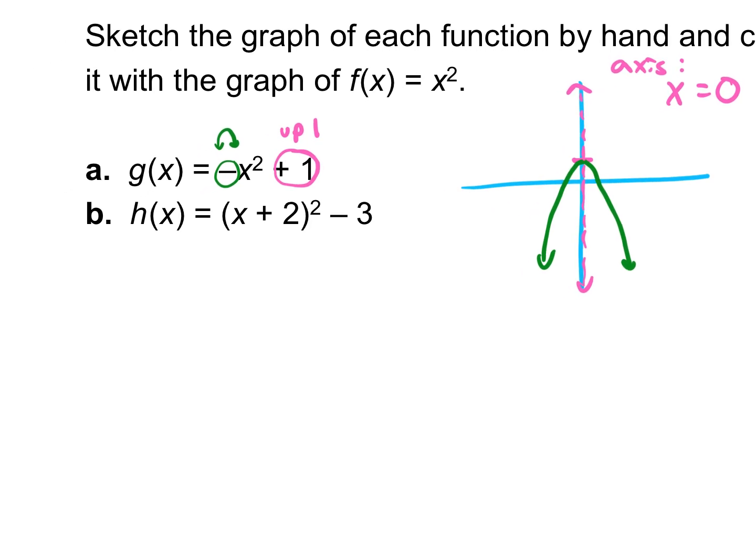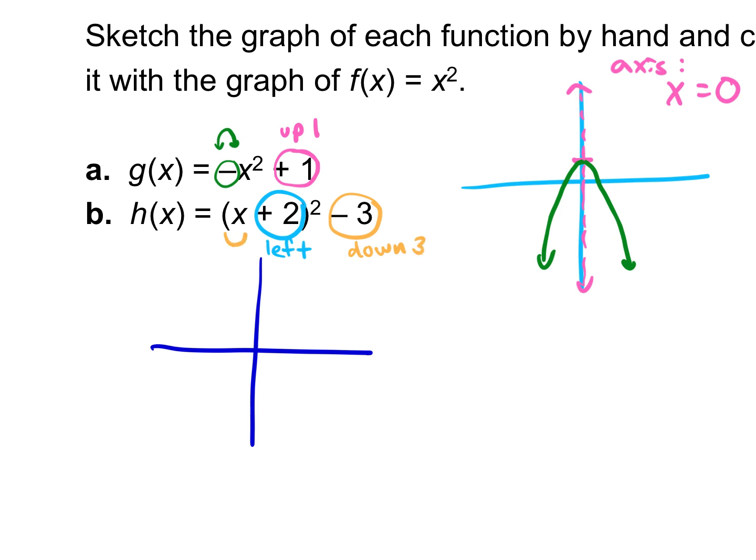Let's do B. So we're going to do the same thing. When we add 2 on the inside, which way does that shift our graph? To the left 2. Awesome. And then when we subtract 3, down 3. And here, do we think our parabola is going to open up or open down? It opens up. There's no negative out front, so it opens up. It's going to be a smiley face.